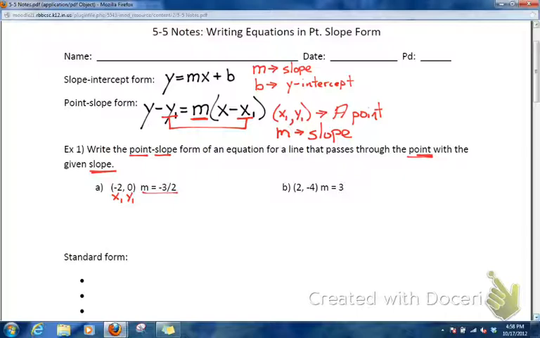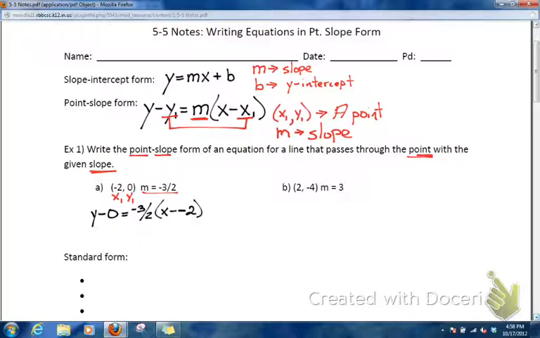So to write this in point-slope form, I'm simply going to write y minus y1, which y1 is 0, equals m, which is negative 3/2, times x minus x1, which is negative 2, so x minus negative 2. Make sure you do put minus negative 2, because it is x minus x1.